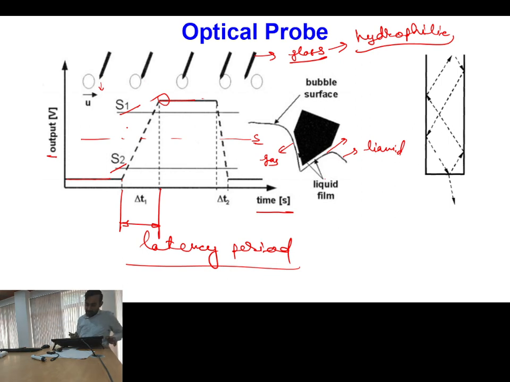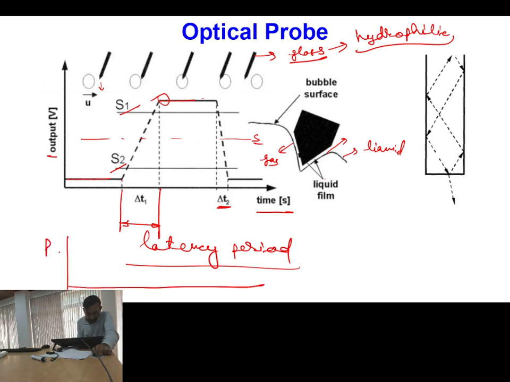Similarly, once the gas is leaving the surface, then also you will find some latency period, delta T2. As I told you, this type of probe gives you nothing but the phase distribution function. So the phase distribution function you will expect to look something like this.